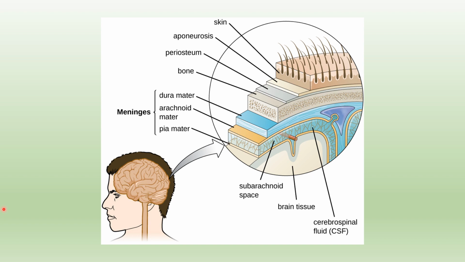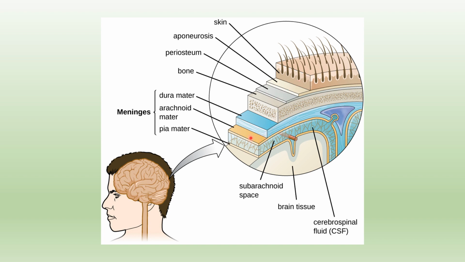And this is just another drawing to kind of indicate, once again, here is your brain tissue. Here is your pia mater. Here is your subarachnoid space that contains your cerebrospinal fluid. Here's the arachnoid mater, your dura mater, the bone, and then ultimately the skin.